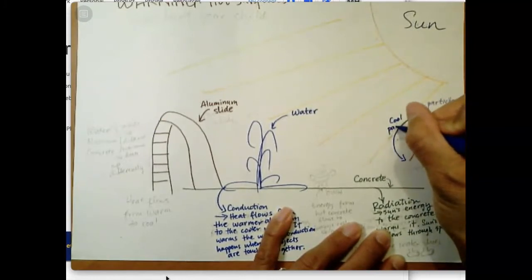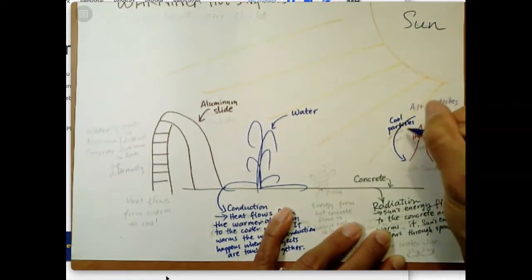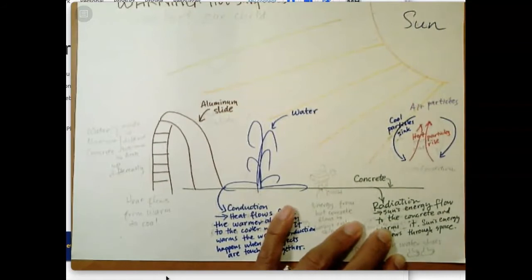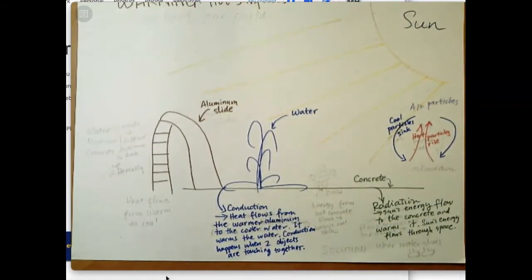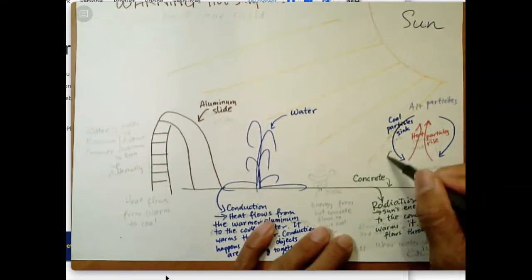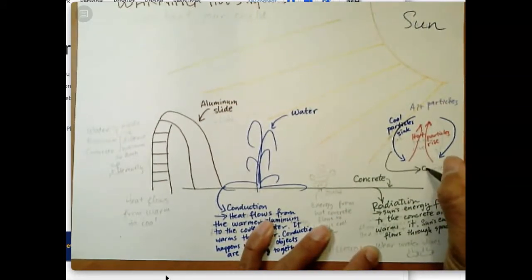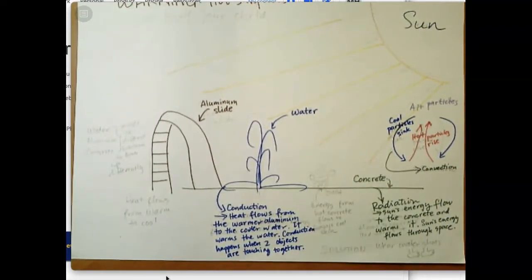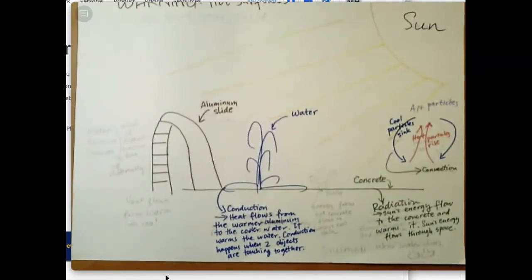Cool particles sink. Okay, and that is convection. This whole thing would be convection, because convection is the heating of particles in a cycle of rising and sinking. Okay, so I've got the three different ways thermal energy transfers.